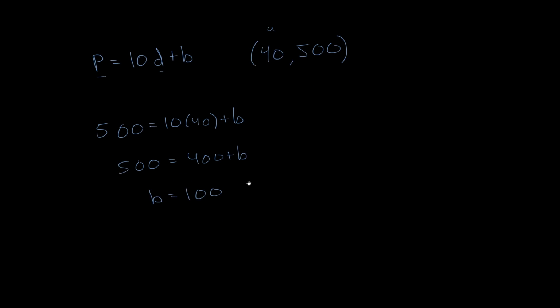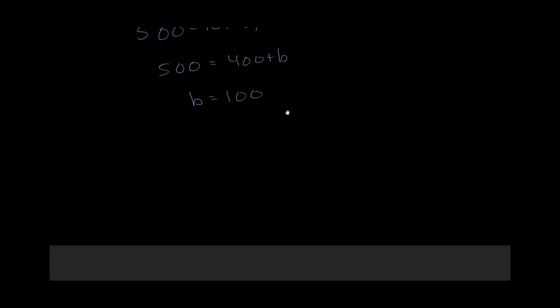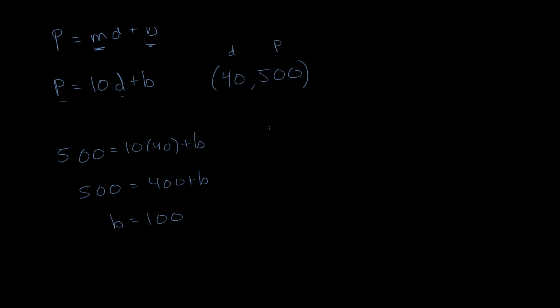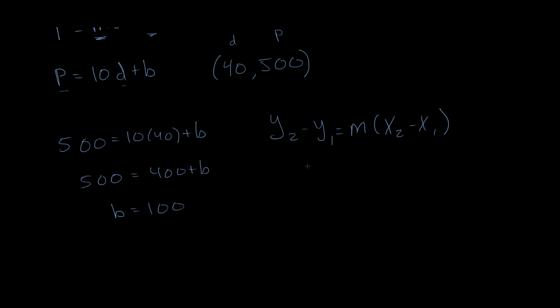The other way you could do it is actually using the equation y2 minus y1 is equal to m times x2 minus x1. So in this case, our x1, y1 is just going to be the point 40 and 500. So I'm going to have y minus 500 is equal to our slope, which we said is 10, times x minus 40.